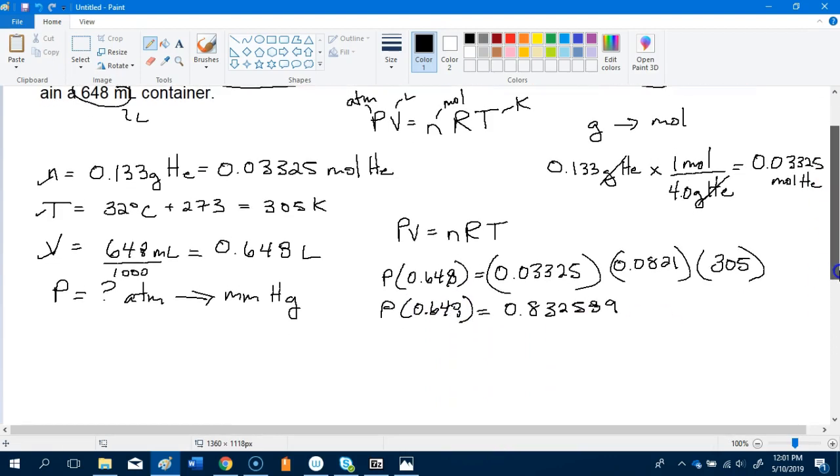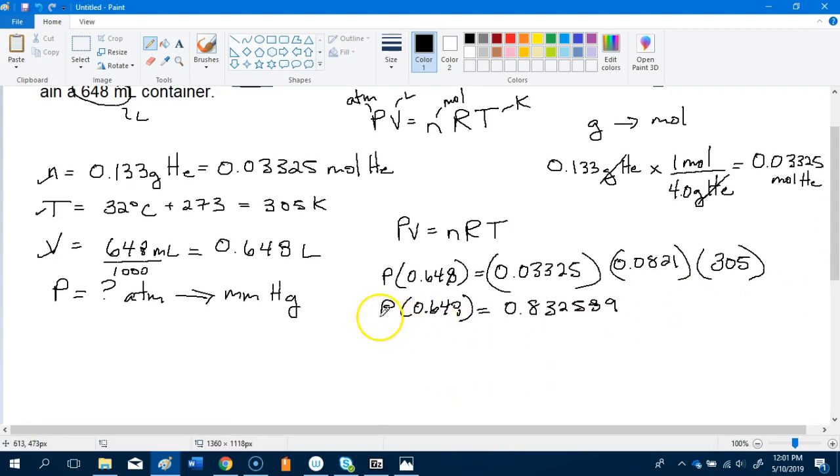And now what I want to do is isolate my pressure by bringing my volume over to this side, and I do the opposite operation that's happening. So if I'm multiplying here, opposite is going to be dividing. That cancels that out, and whatever I do to that side, I also have to do to the other side.